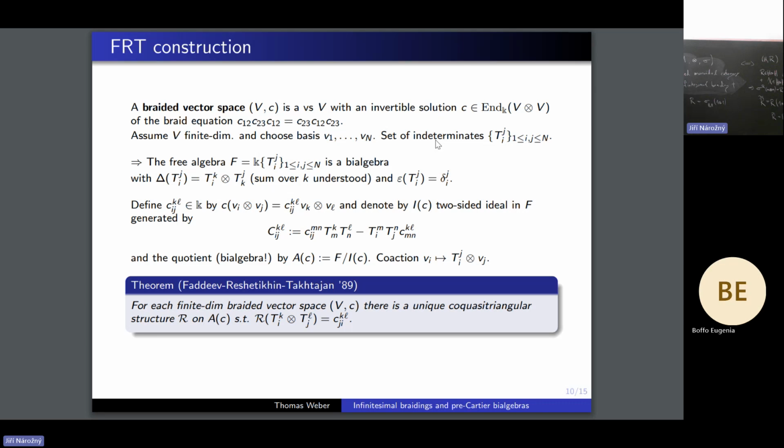So first of all, a braided vector space is just a vector space V, and C is an endomorphism of V tensor V satisfying the braid relations.